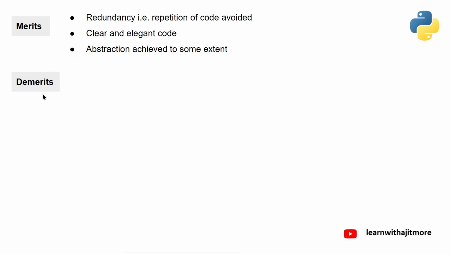Now, what is the demerit in this program? Okay, I'll quickly try to tell you within 2 minutes, and then to overcome that drawback, there is a concept called constructors.